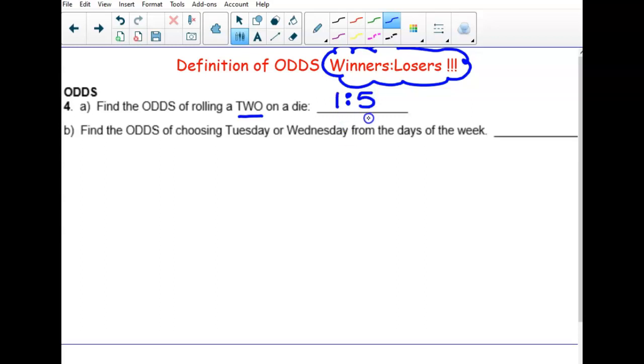It's not 1 out of 6 because it's not probability, it's odds. Okay, find the odds of choosing Tuesday or Wednesday from the days of the week. 2 to 5. Everybody okay on odds? You just got to remember what the definition is. And I did put it in all caps like that so that you remember to read it carefully.